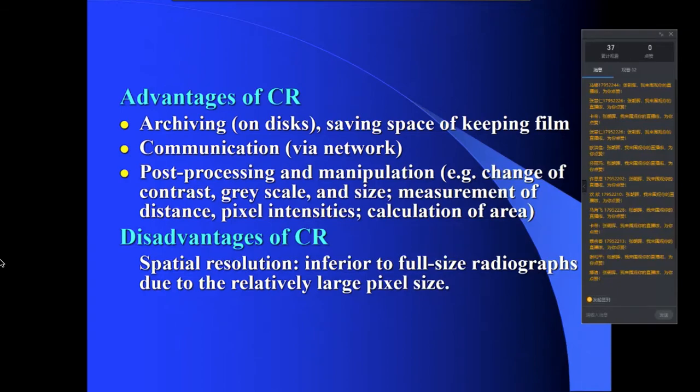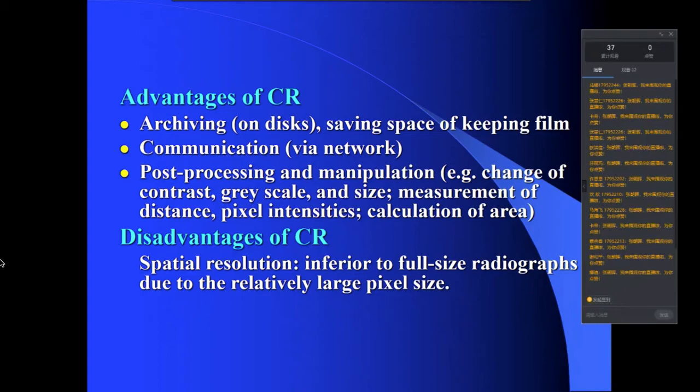And compared with the conventional film-based radiography, computed radiography has the following advantages. First, the digital image obtained by CR can be archived in disks, saving space of keeping film. Second, the digital image can be communicated through network.